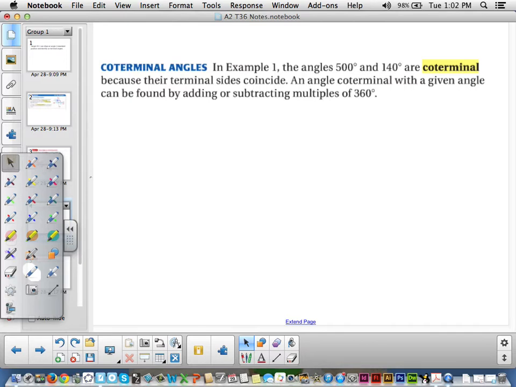They were two different angles because the 500 had an extra rotation on it, but if you're just looking at the end result, they're at the same spot. Any angle coterminal with a given angle can be found by adding and subtracting multiples of 360. So coterminals are just 360 higher or 360 lower than the angle you're starting with.